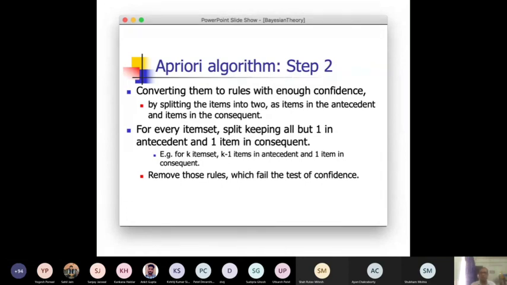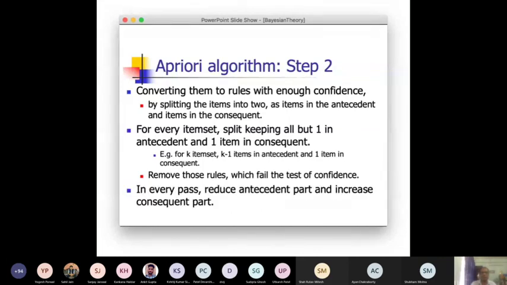So you may start with k, and k can vary. In every pass you reduce the antecedent part and increase the consequent part. You are reducing this, and also increasing the consequent part, because it is easy to check the consequent part independently.